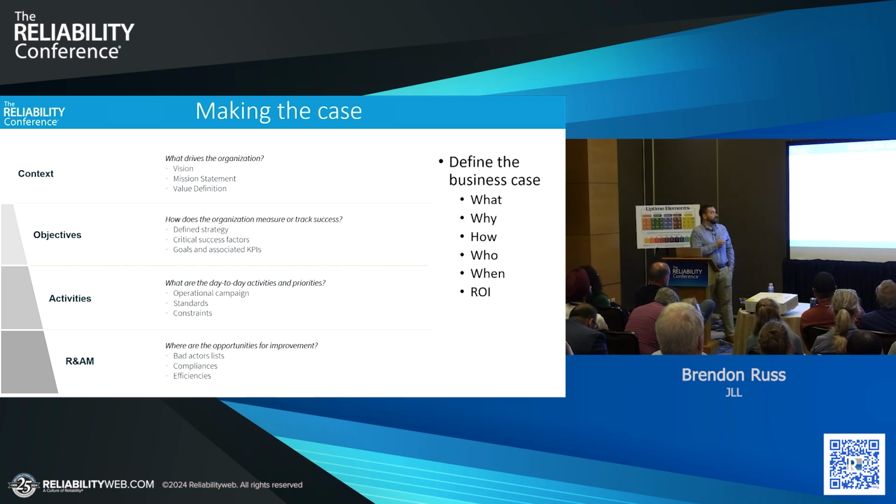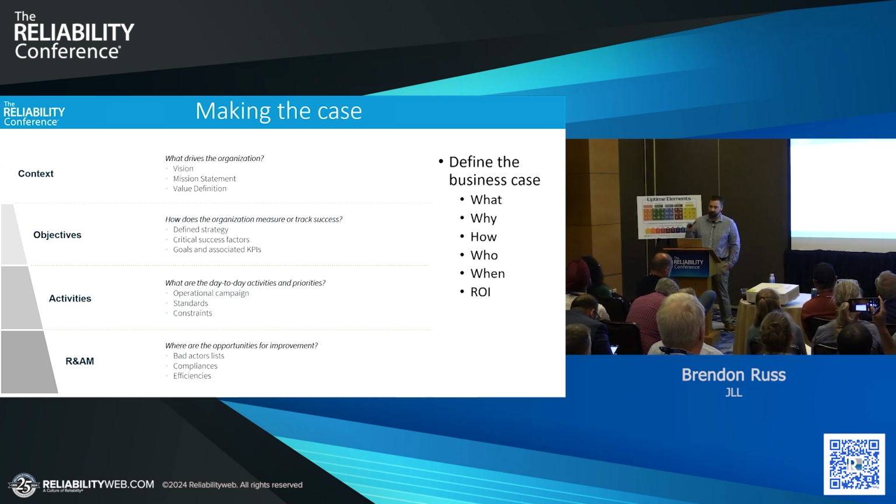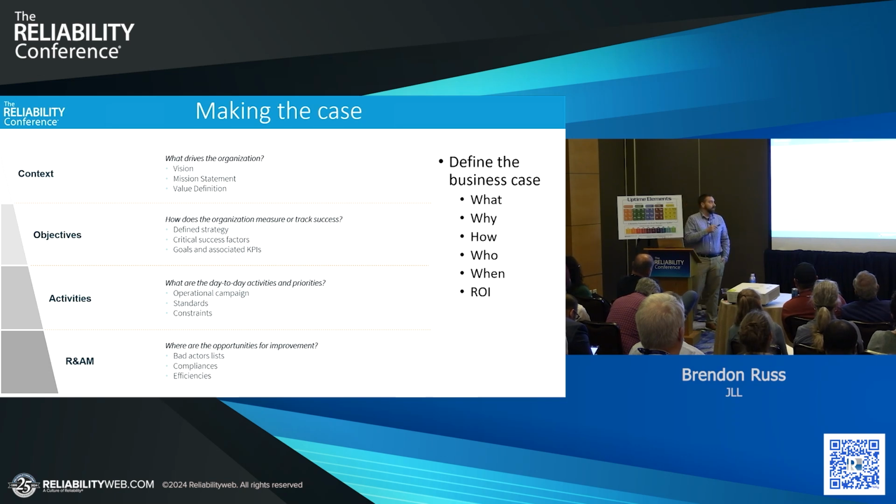If their organizational mission statement and vision is zero disruption of service for my clients and so on, and you're down here trying to minimize your maintenance costs, you're not necessarily working in the same direction. So we have to be able to say, the problems that I'm experiencing down here are actually influencing what we're saying we want to do up here. And you have to be able to break that down piece by piece. Essentially, you need to show clear alignment that your reliability program is going to be directly contributing to what they determine is important to the organization.